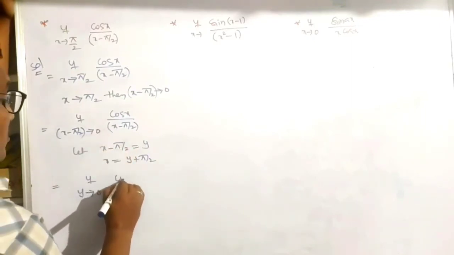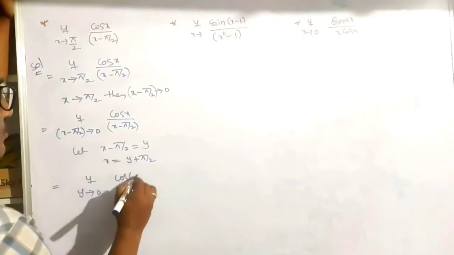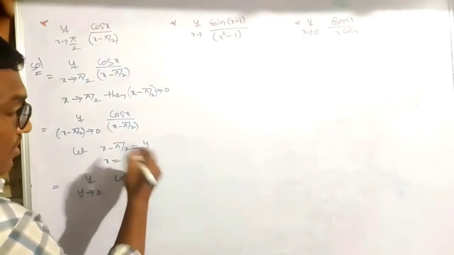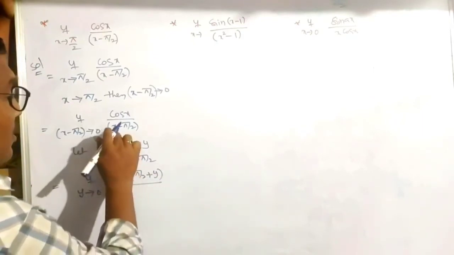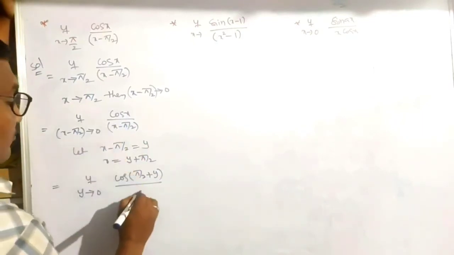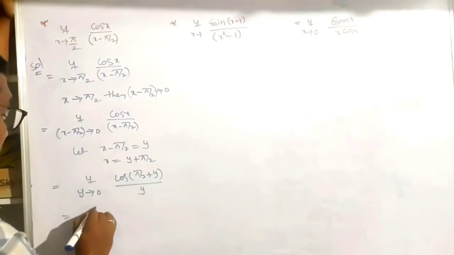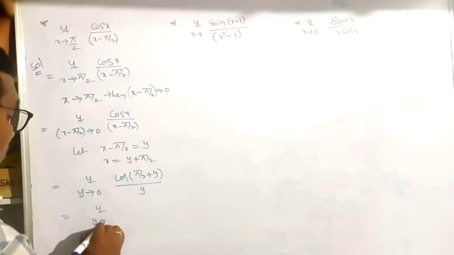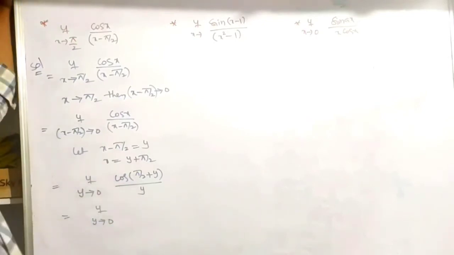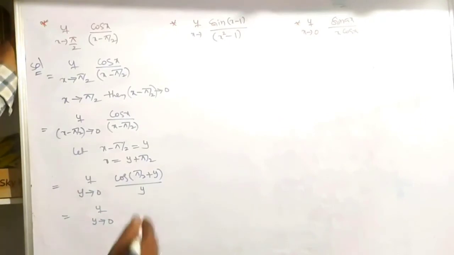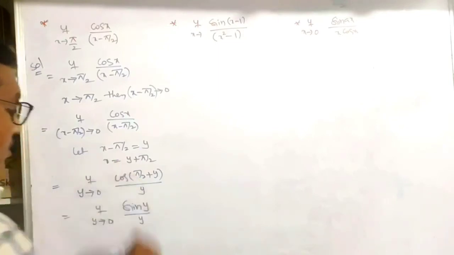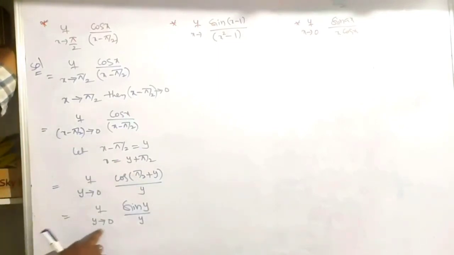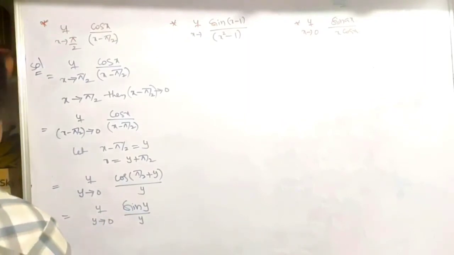Now cos of x means cos of pi by 2 plus y, by x minus pi by 2 is y. Now limit y tending to 0, cos of pi by 2 plus y is nothing but minus sin y. Therefore sin y by y. See, now it is in the sin x by x form, therefore it becomes 1.